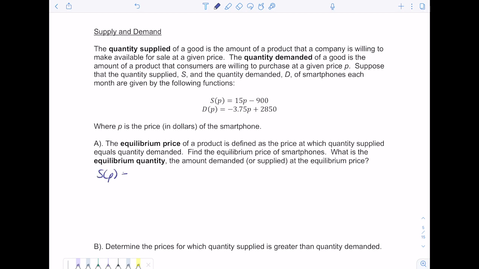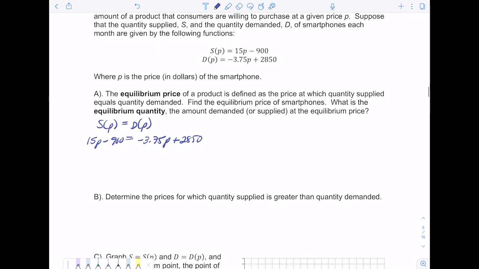So here it would just be S of P equals D of P. And I'm just going to replace S of P with 15P minus 900 and D of P with negative 3.75P plus 2850. And then I'm going to solve for P.